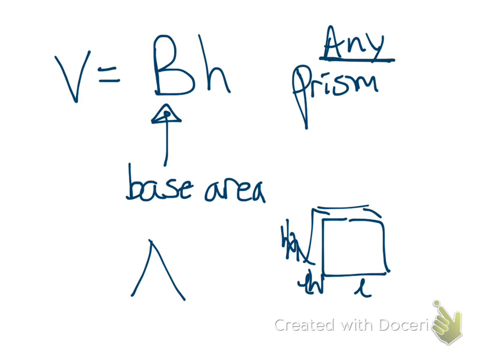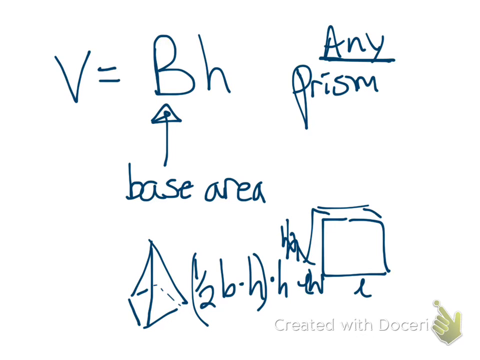But if I had a triangular base, then I'm going to be doing 1/2 base times height for my base area, times the height again. That would be my volume for a triangular prism.